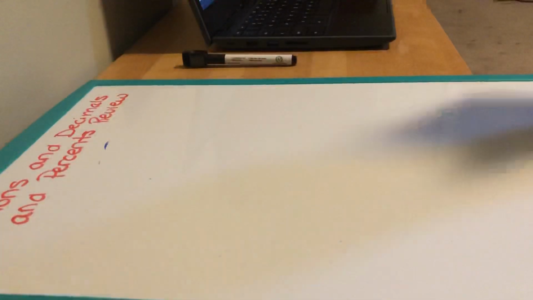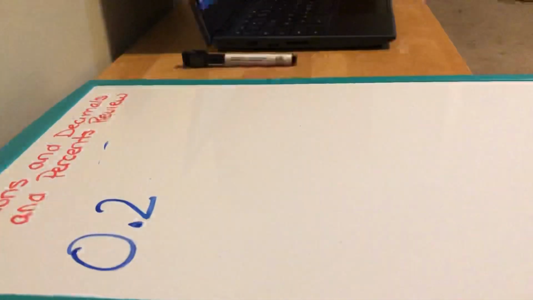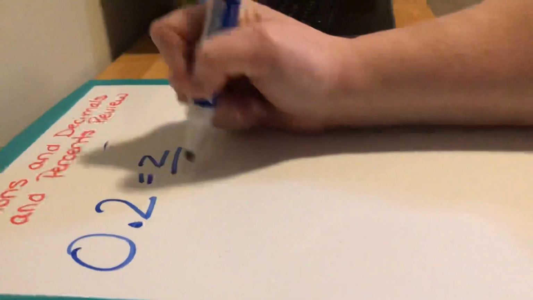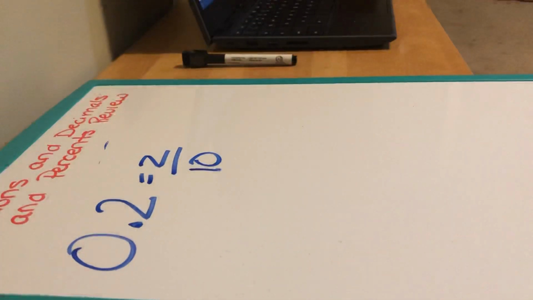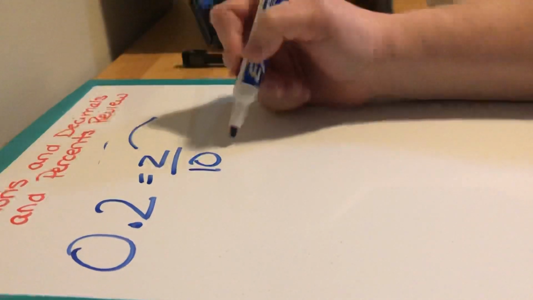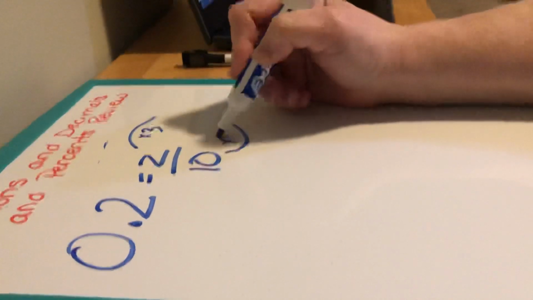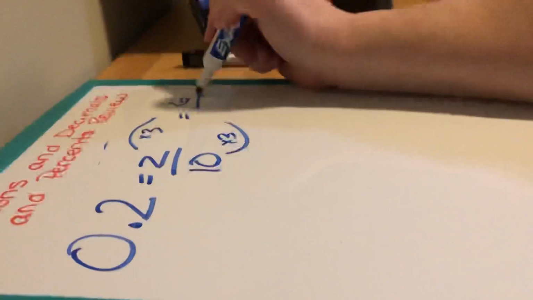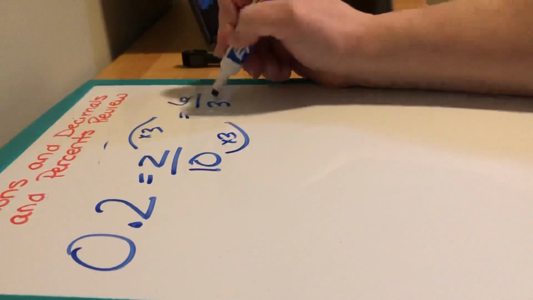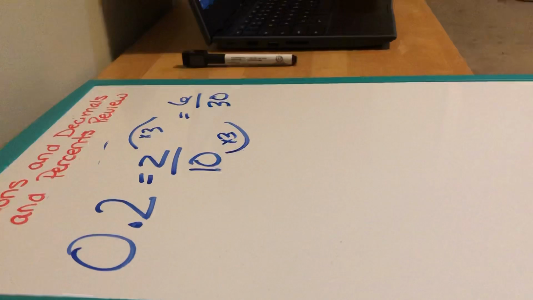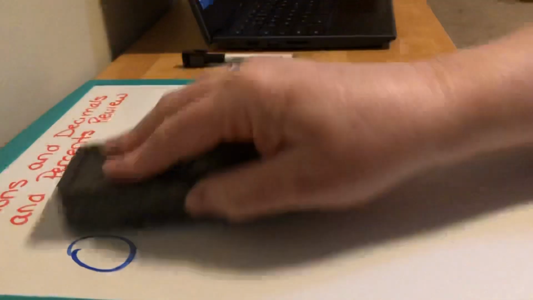When I have a number like 0.2 as my number, I can make that a fraction like that, which becomes 2/10. Then I can do the same thing. I can multiply the top and the bottom by any number. Let's go 3, and I can make an equivalent fraction. And I can do that over and over again to get the same kind of fraction.